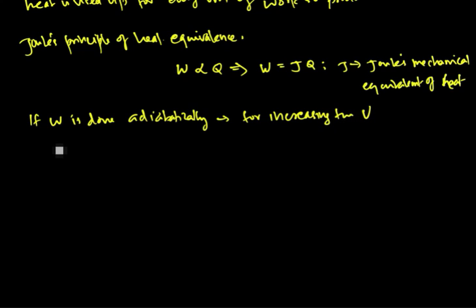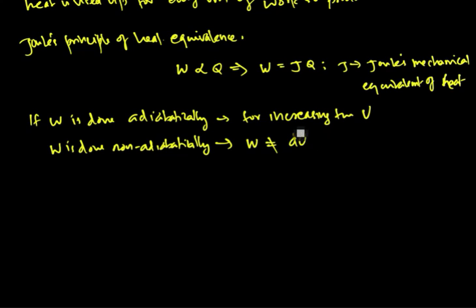Now if the work is done non-adiabatically, then the work done will no longer be equal to the change in internal energy dU, but it is also used up for doing external work.